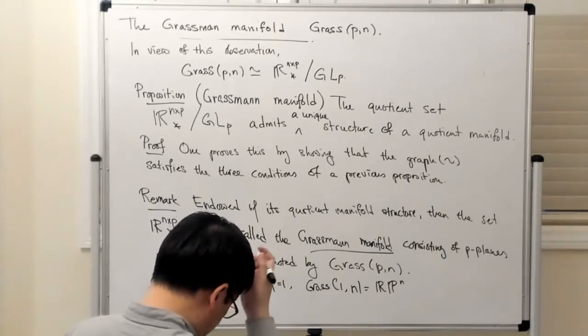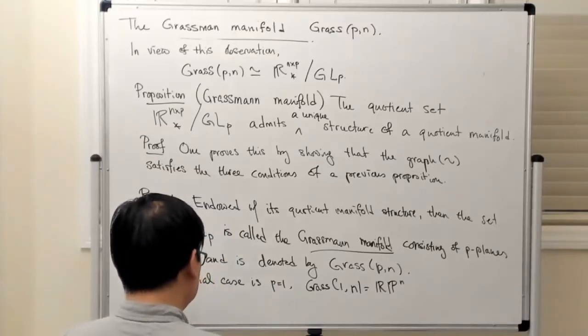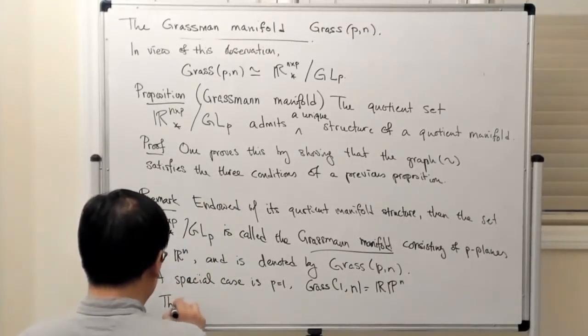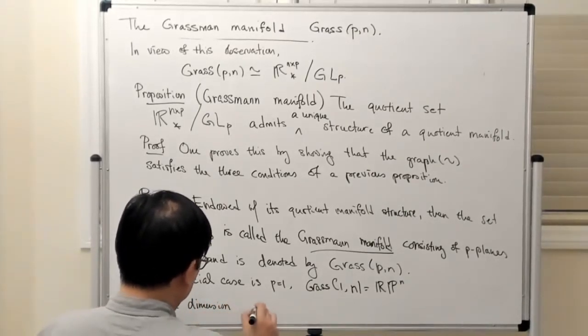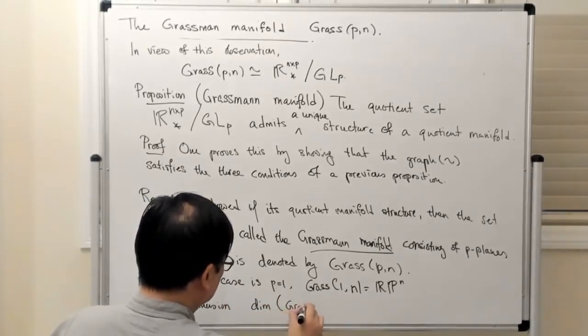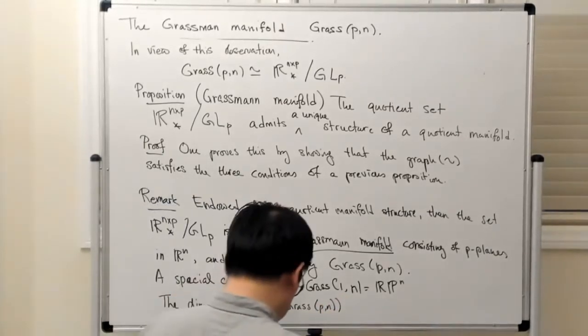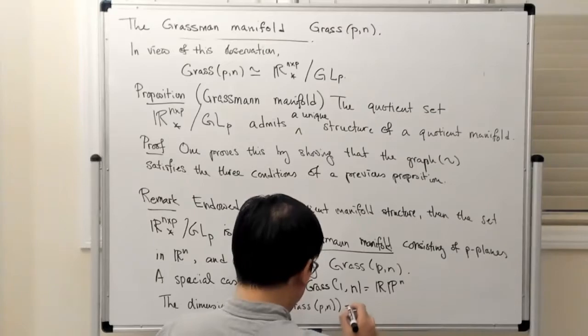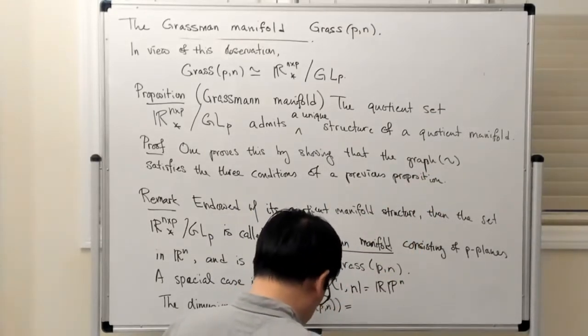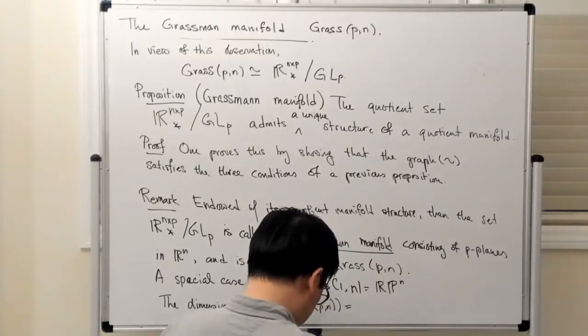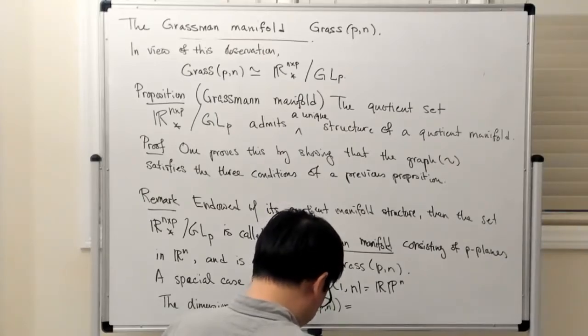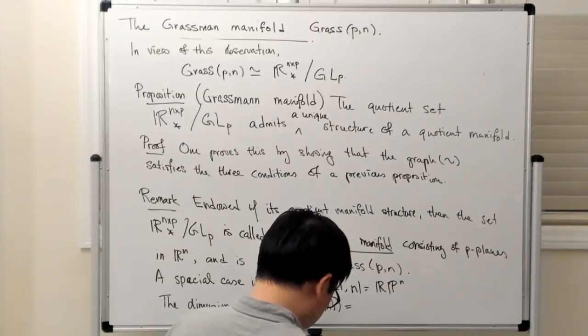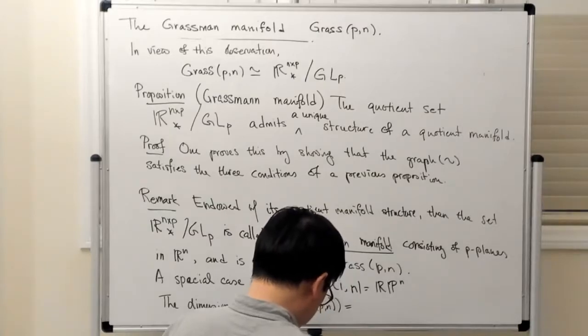Okay, and then you can check that the dimension of the Grassmann manifold can be obtained from information about the dimension of this graph and the dimension of R^(n×p).